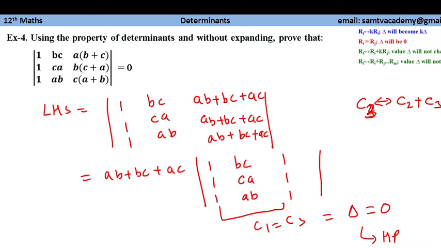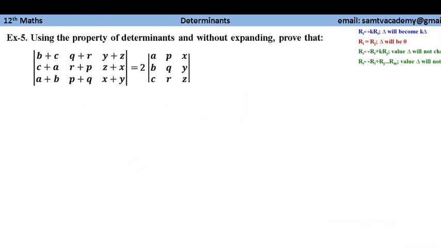Now next comes question number 5. Question number 5 is a bit lengthy. Here we have to prove that LHS is equal to RHS.